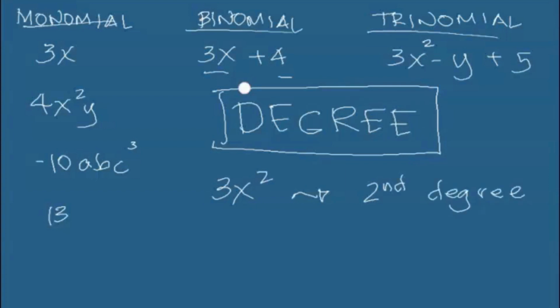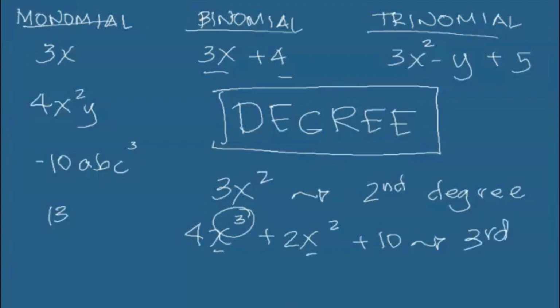Okay, so if we have 4x cubed plus 2x squared plus 10, the degree is the highest exponent of that variable x, and that is the third degree.